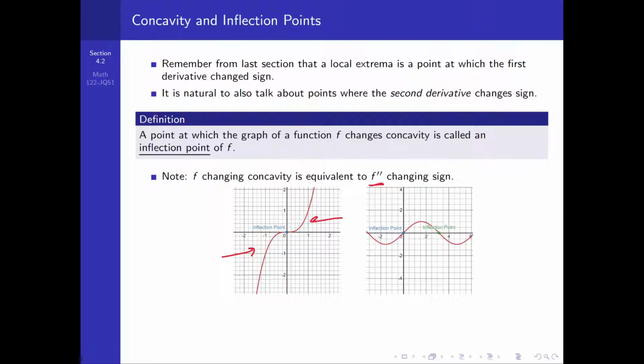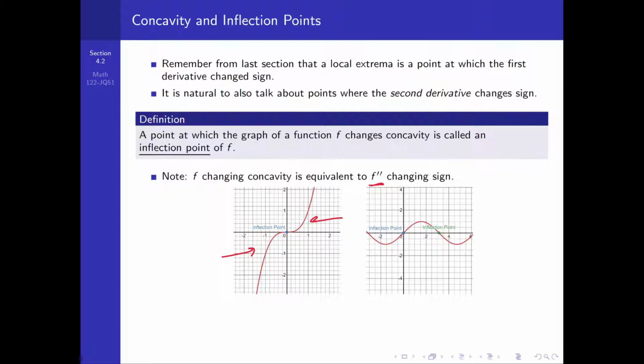And the other function is f of x equals sine of x, which is a trig function that we don't necessarily talk about in this class, but it's a good example for identifying inflection points because there are a ton of them. So again, if you look at x equals 0, we have an inflection point, and the other inflection point is at x equals pi. So left of x equals 0, we're concave up. Right of x equals 0, we're concave down.